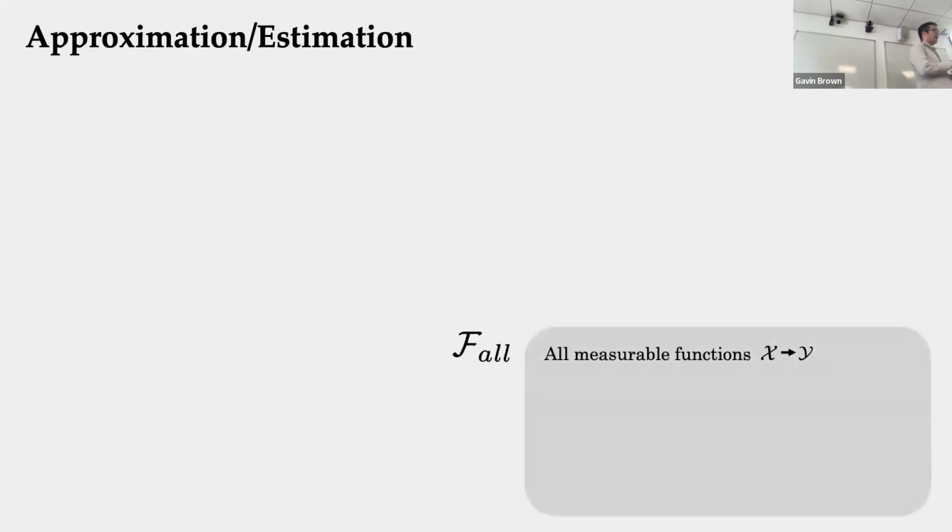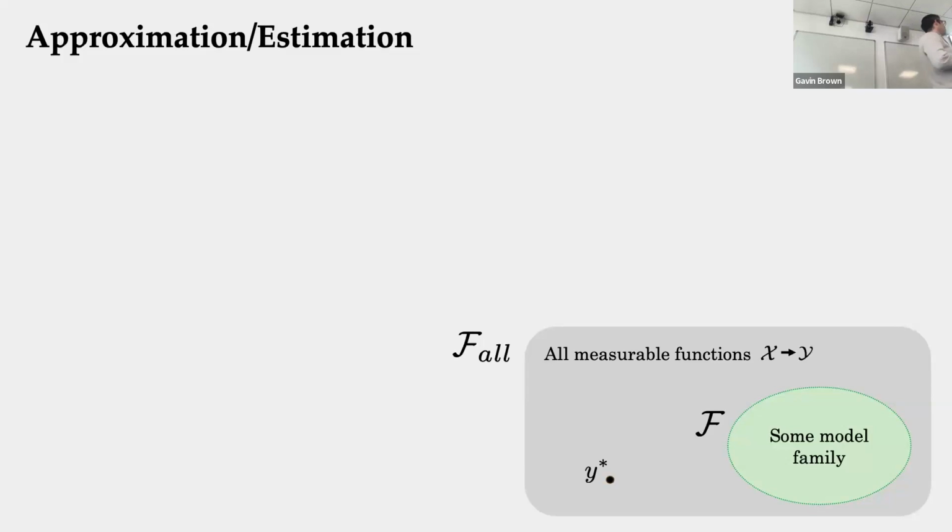We have a space of all possible measurable functions that go from our input space to our output space for a given defined problem. Within that space, we can talk about some model family that we choose to think about. It might be some neural networks of certain depth or decision trees of a certain depth or some fixed class of functions.